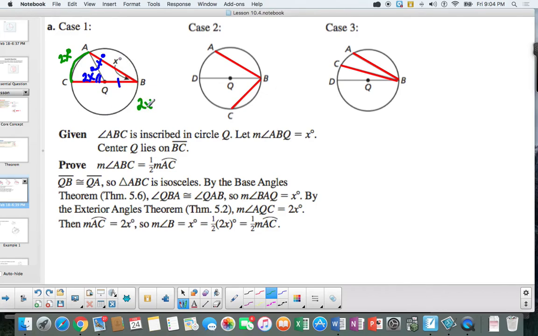So 2x degrees compared to x degrees is going to be in a 2-to-1 ratio. So this measure is going to be twice as big as this. Or you can say the angle is half the intercepted arc. And that's what it's saying right here.